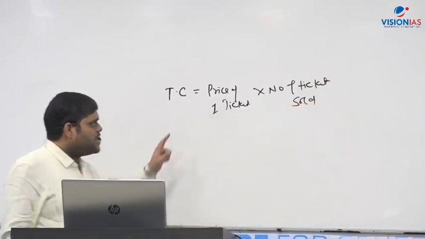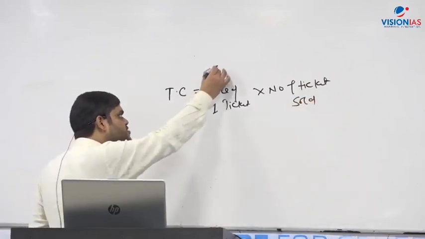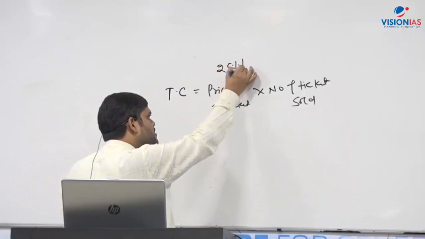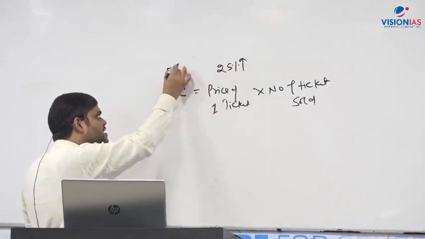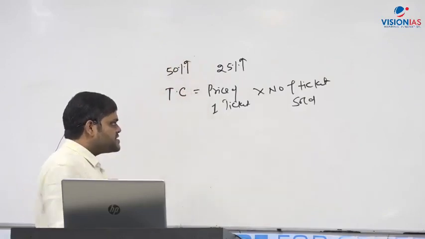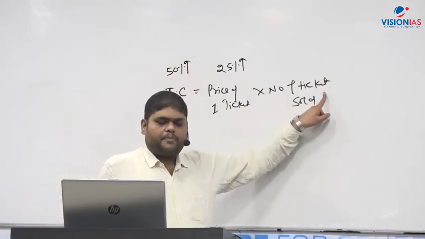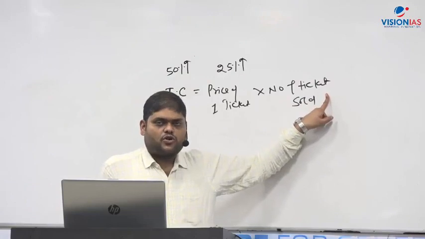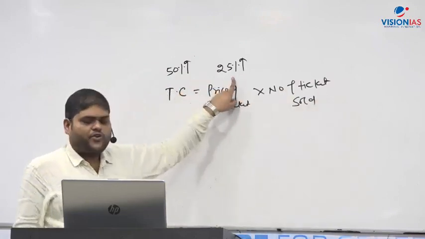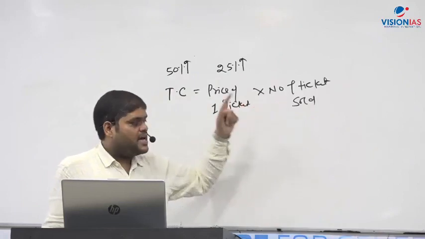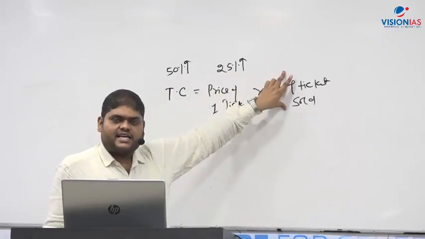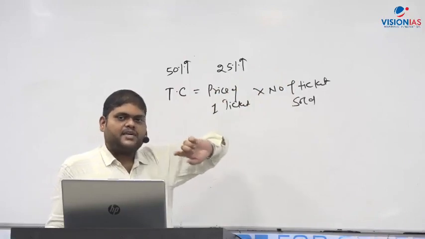The price of the ticket is increased by 25%, and the total collection is increased by 50%. What is the increment in the number of tickets sold? Now we cannot go with the AB formula. Why? Because this is not a case of successive increment or decrement.